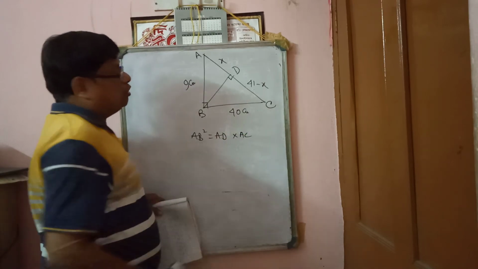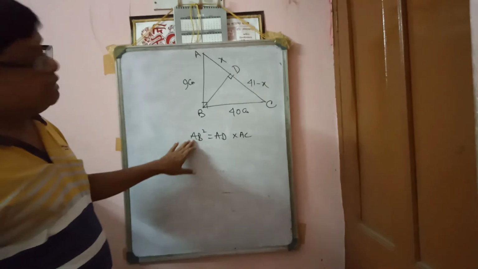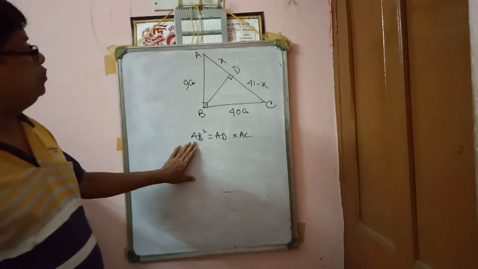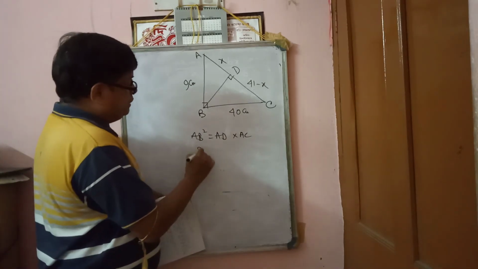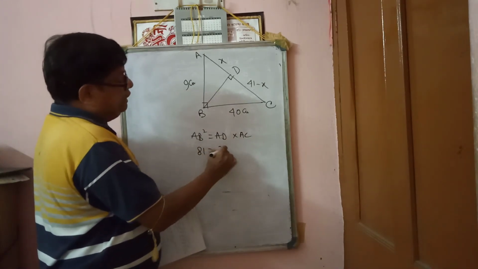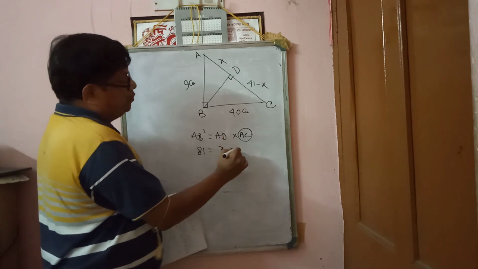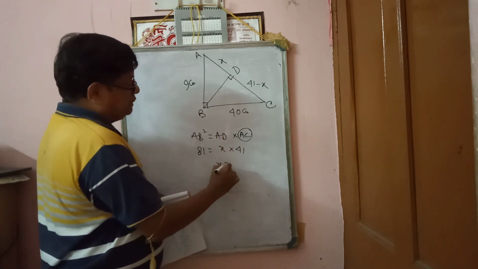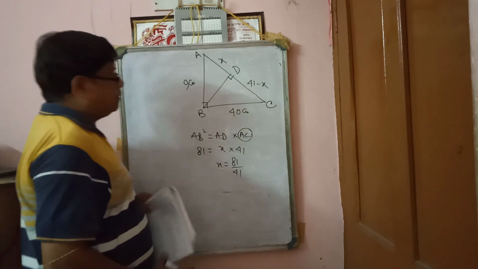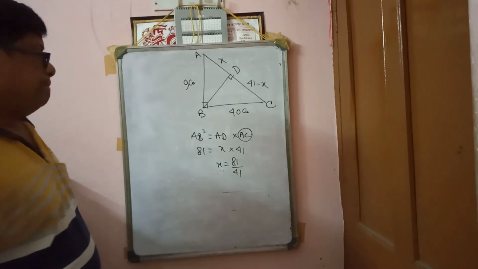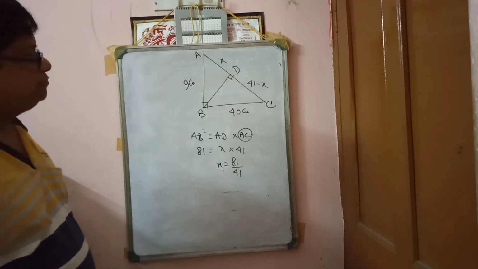All of you know AB square equals AD into AC. So AB we know 9, that is 81 equals x into AC, 41. So x equals 81 by 41.